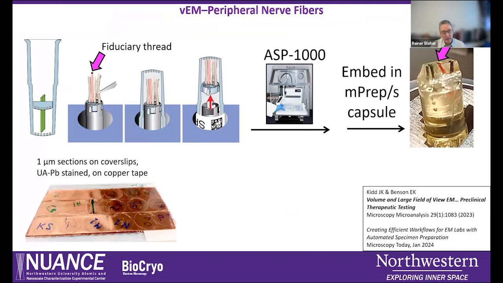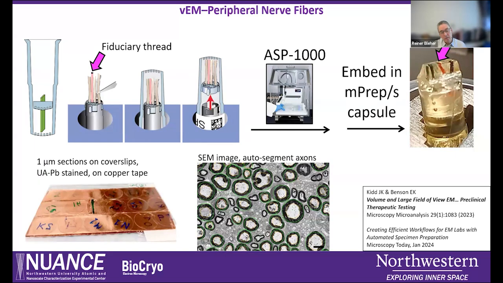In this case, sections were used for SEM. And it was also possible to auto-segment very well labeled or very well stained axons in that sample. So this is just another possibility how to align samples in those capsules.